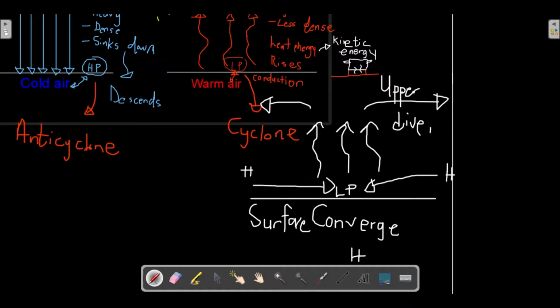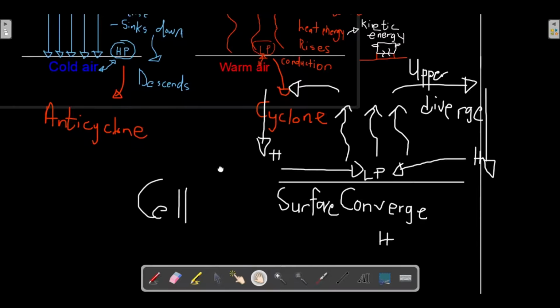So this is upper divergence and surface convergence. And then it sinks down again. As you can see, this forms a circulation, which is what we call a cell. This is what you see in a low pressure cell.